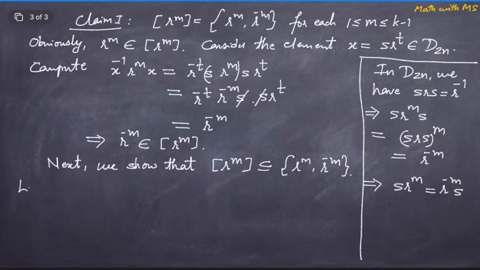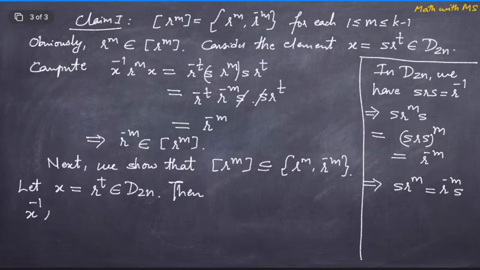Let us take x equal to R to the power t in D2n. Then if we compute directly, we see that x inverse R to the power m x in this case is nothing but R to the power m itself, and that certainly belongs to {R to the power m, R to the power minus m}.